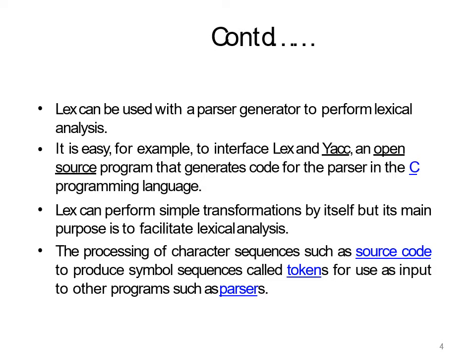To perform this, Lex is the best tool that transforms the given piece of code into a stream of tokens. It processes a character sequence as source code to produce a symbol sequence called tokens, for use as input to programs such as parsers.